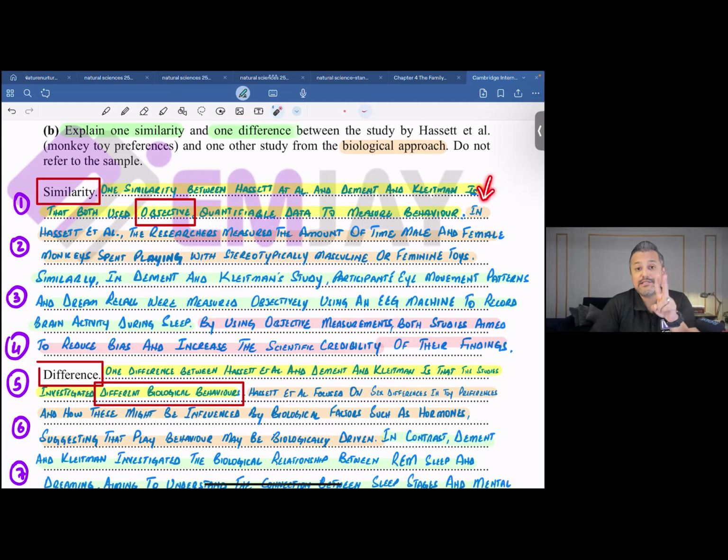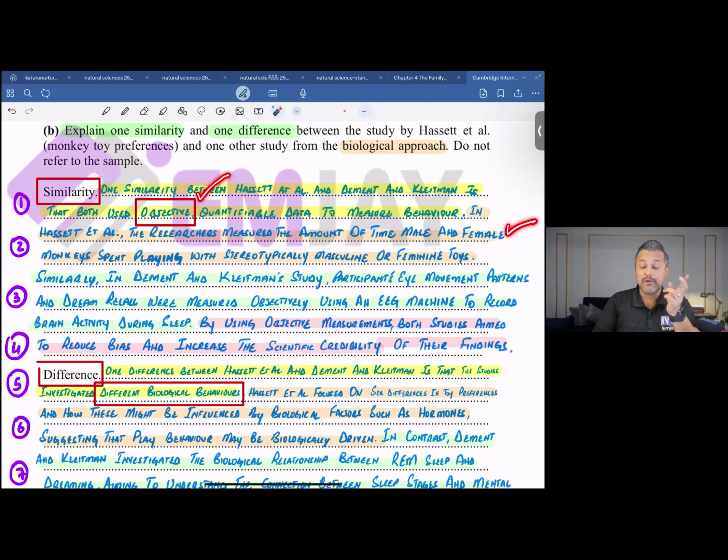Now, how do I get my second mark? I start giving an example of how the study conducted by Hassett et al. was measuring objective data. In Hassett et al., the researchers measured the amount of time male and female monkeys spent playing with stereotypically masculine or feminine toys. So not only did I identify a point, I developed it further. I explained it further to secure the second mark for myself.